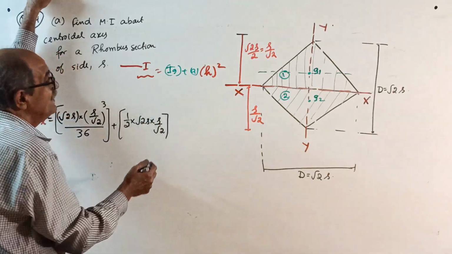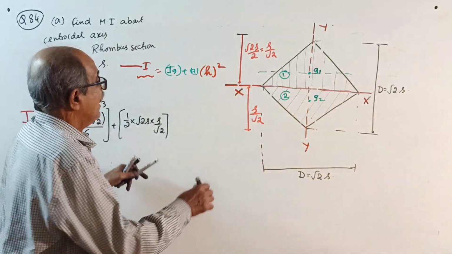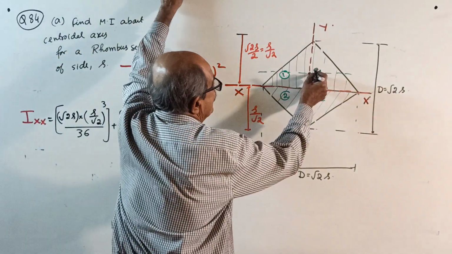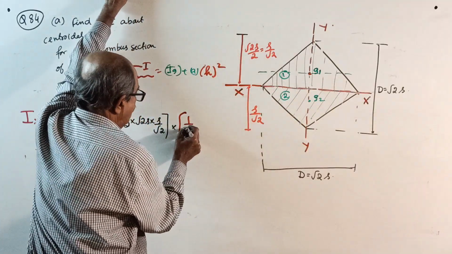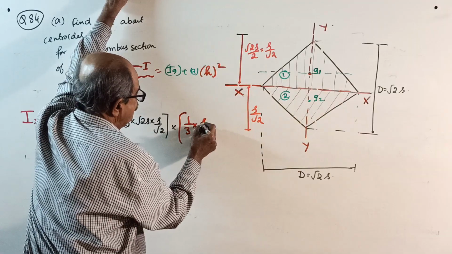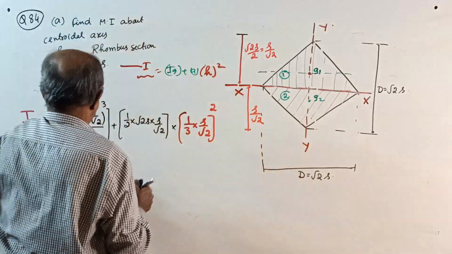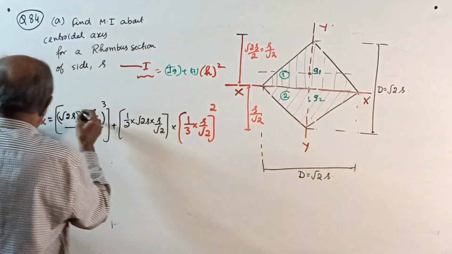Actually area is half of the square, s square by 2. Okay, leave it. Half into, very important, from here to here, this distance square is 1 by 3 of s by root 2 whole square. That will give I for the upper triangle. This full put in a flower bracket.